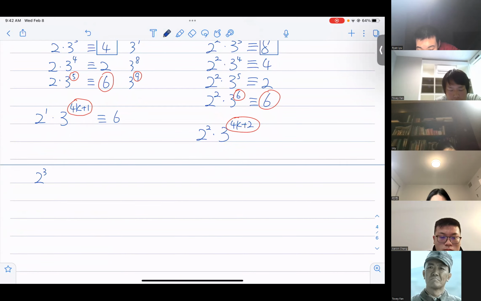We actually also need to do 2 to the zeroth, because with 2 to the zeroth, only 3 to some power can also be divisors of 6 to the power of 2006.